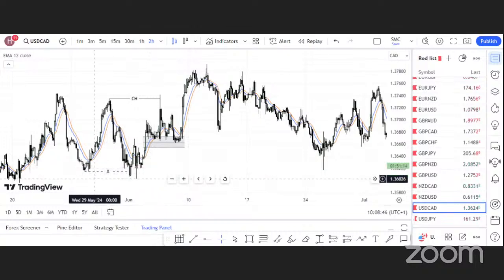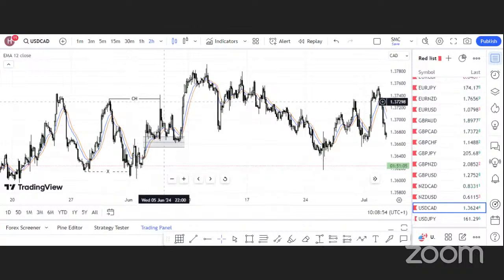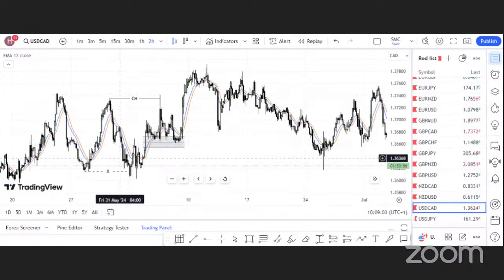So around this level, we had a liquidity purge. Okay, so yes, this can be considered as a liquidity purge because the market went back to form this shift in market structure, right?